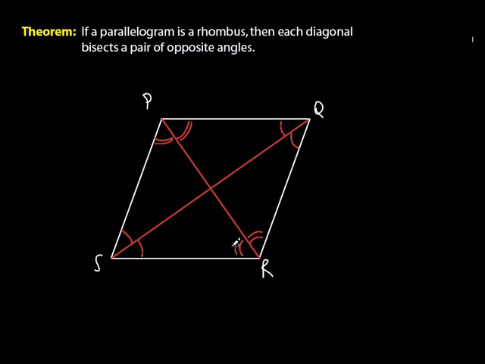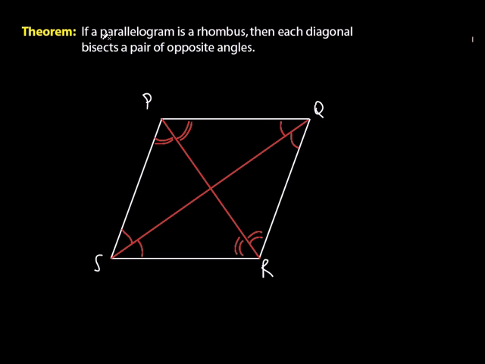Because these two angles, big angle P and big angle R, would be equal, and if they're both being bisected, then all four of these angles that are made up must be congruent to each other. It's a lot of information, okay? It's not hard to understand, I don't think, but it is a ton of information that you've got to keep straight.